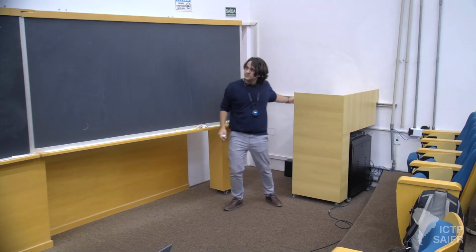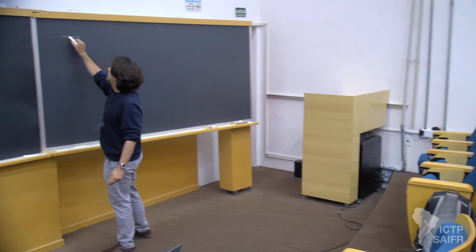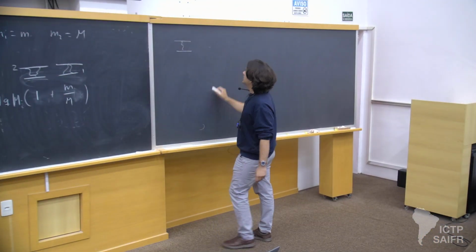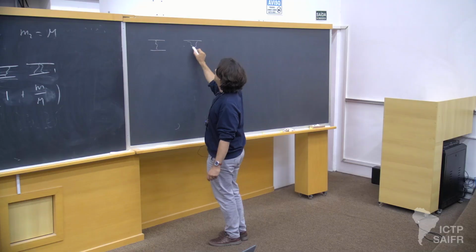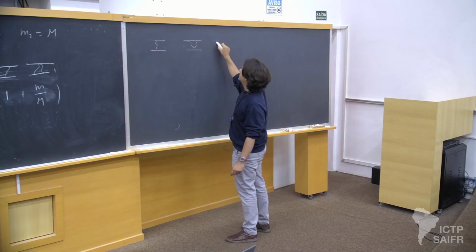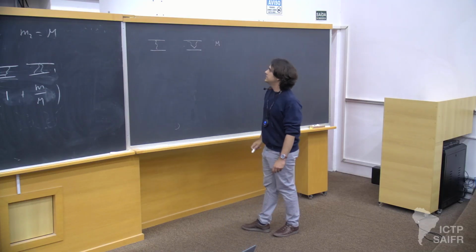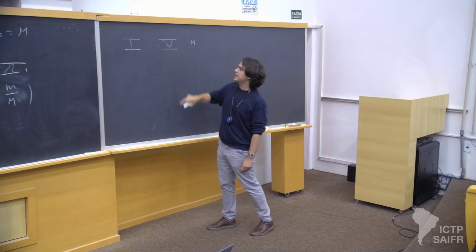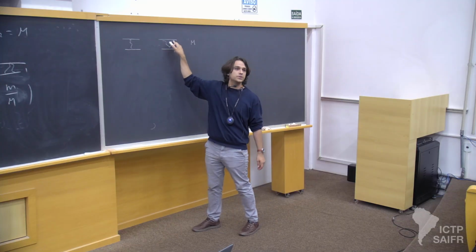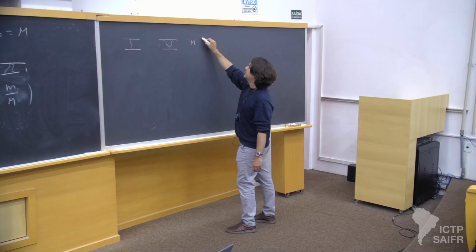So at leading order, I just have this. And then I add this. This just carries one extra power of the big mass compared to this, because I have one extra insertion and one propagator. And then I could keep going.